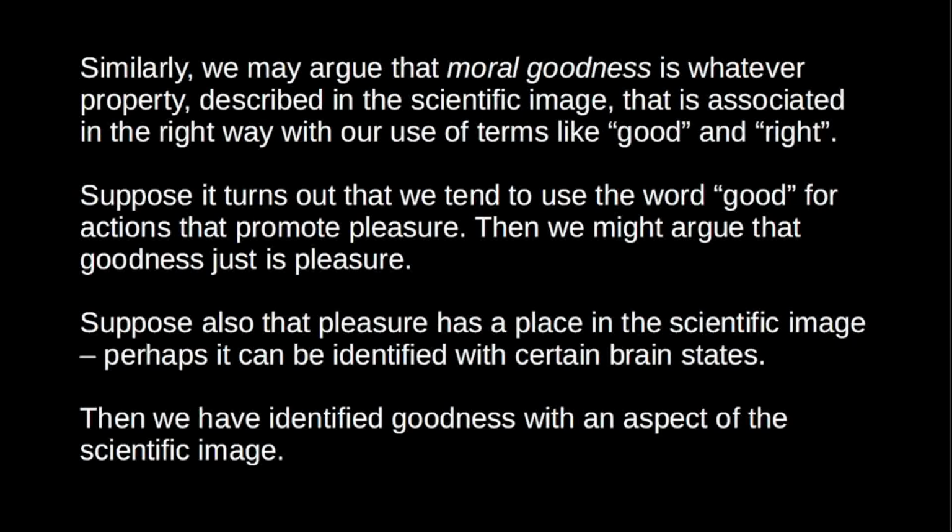I call it naive just because most moral naturalists have somewhat more sophisticated views than this, but this is illustrative of the strategy, right? So the assumption here is that pleasure can be described scientifically, maybe in terms of states of the brain or associated forms of behavior or whatever. And suppose then that we can give an analysis of the meaning of moral terms, the meaning of concepts like good or right. And we can show that actually these concepts refer to particular states which turn out to be states of pleasure.